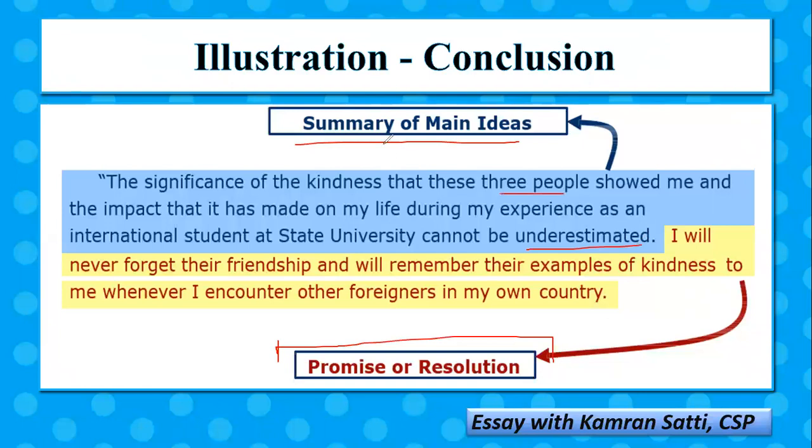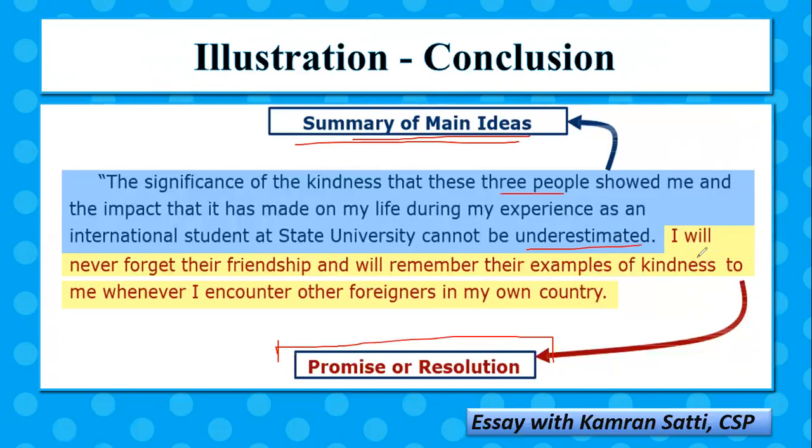Now this is the main idea of our essay, that they made a very good and pleasant impact on my studying experience as an international student, and that can't be underestimated. Basically, it had a lifelong impact on my viewpoint, how I look at things.